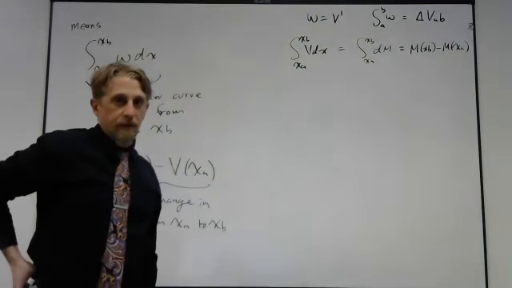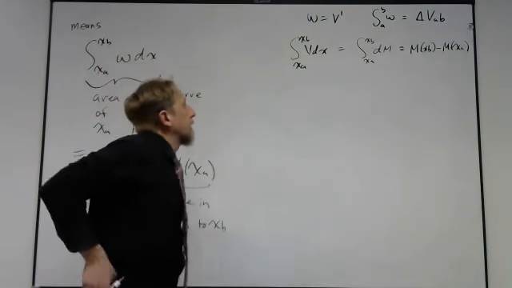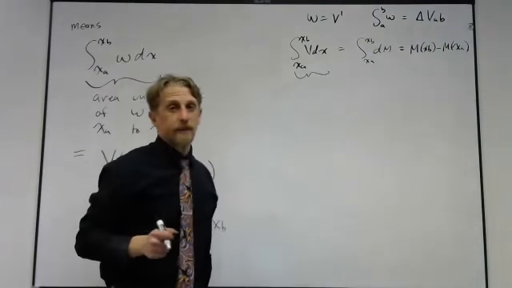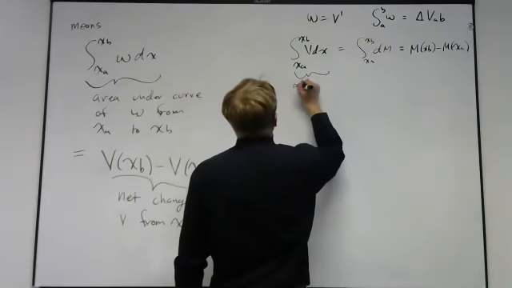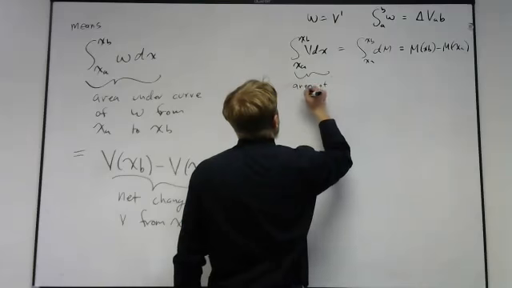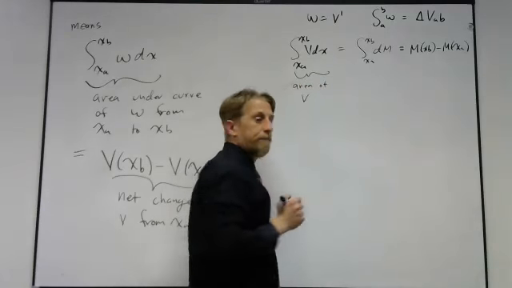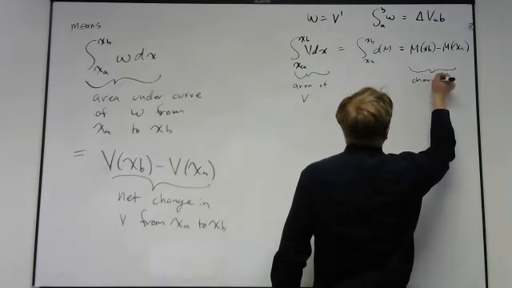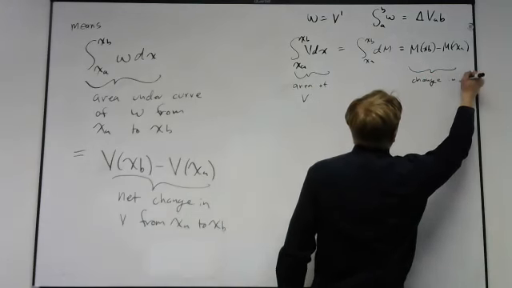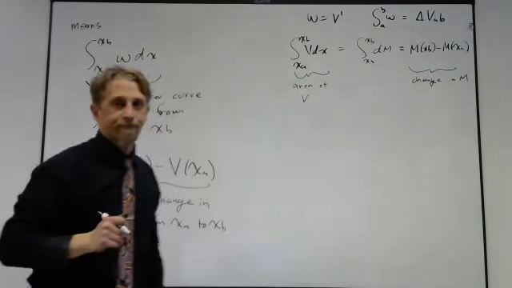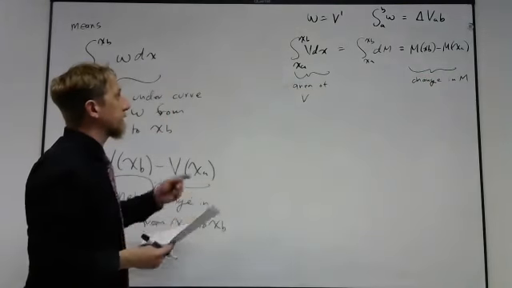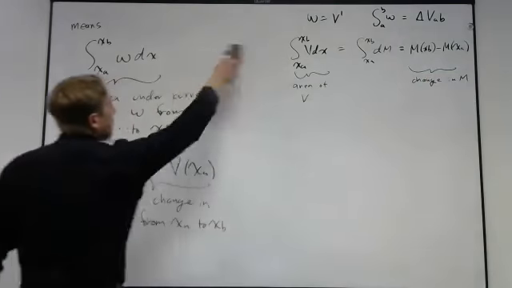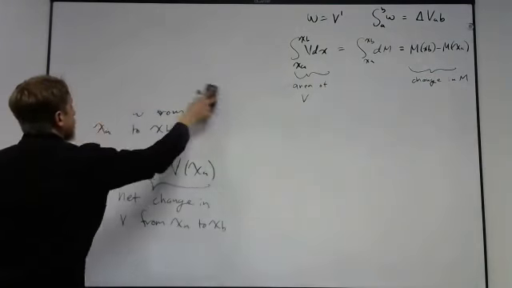So I can get a similar formula there. What does this mean? We'll be quicker now since we just did this. This is the area of V from A to B. It's going to be a change in M from A to B.